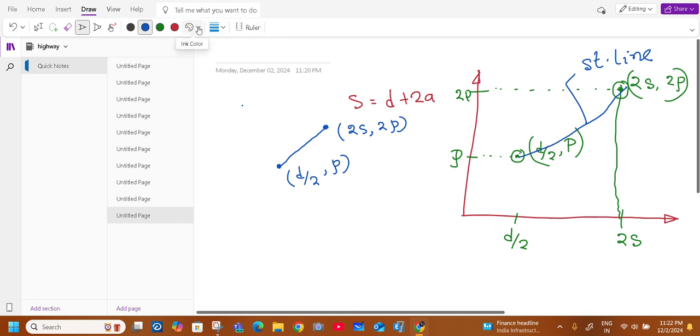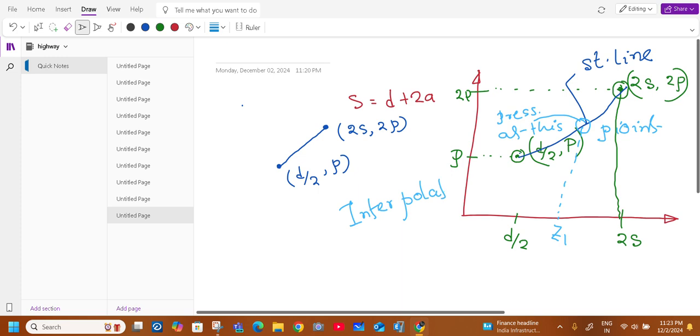So at any depth Z1 we can easily determine the pressure at this point by interpolation, and I have forgotten to say the ESWL is in log scale, and this is also in log scale.